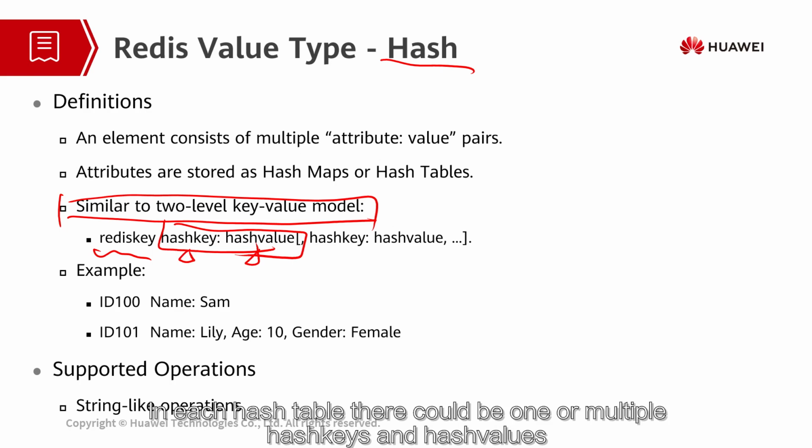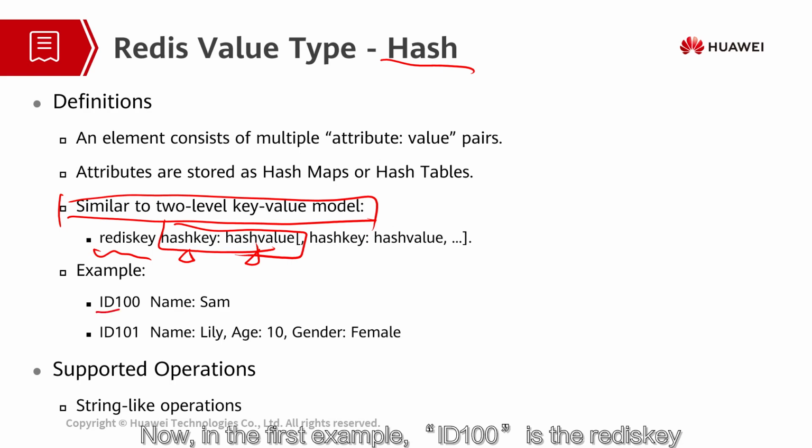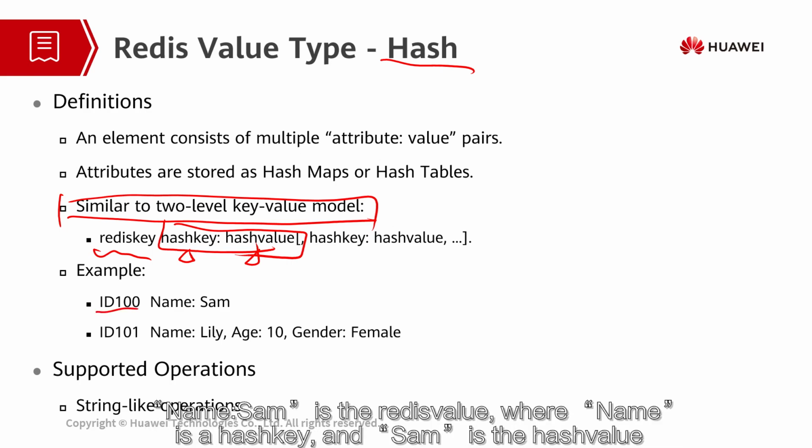In each hash table, there could be one or multiple hash keys and hash values, as is shown in the example below.